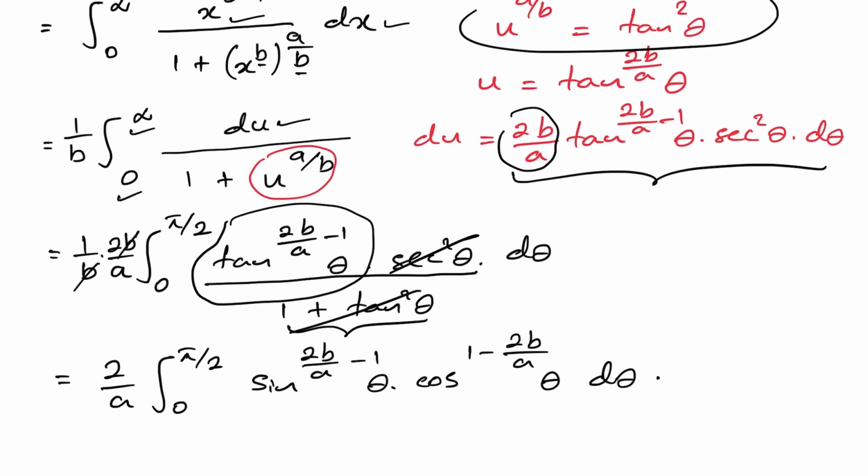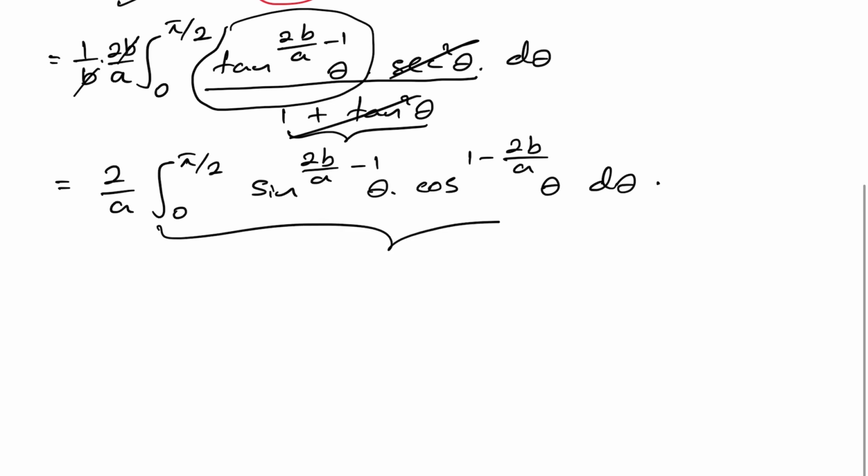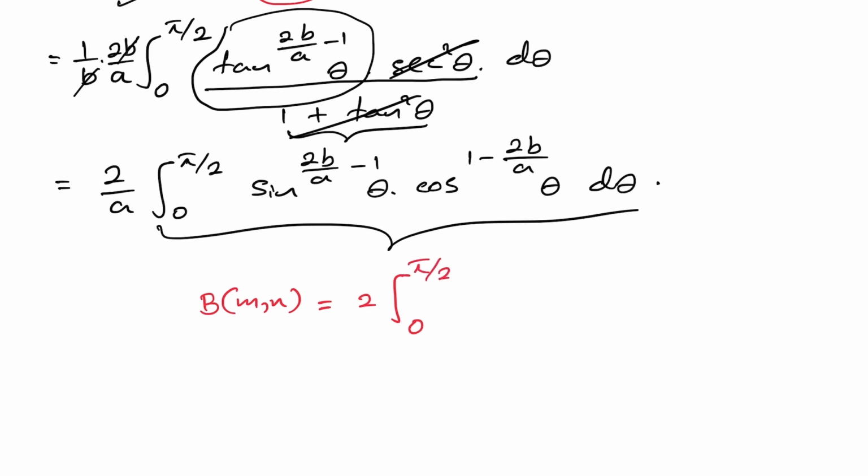This is a very nice format because we know about the beta function: beta of m, n is equal to 2 times the integral from 0 to pi over 2 of sine raised to the 2m minus 1 of x, cosine raised to the 2n minus 1 of x dx. So we can use the beta function for this integral.